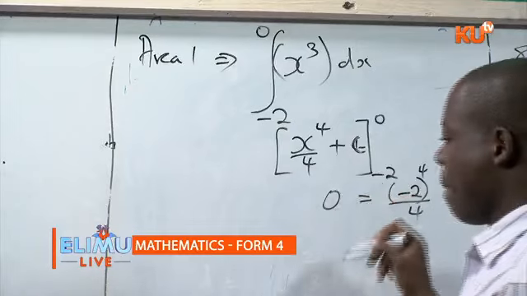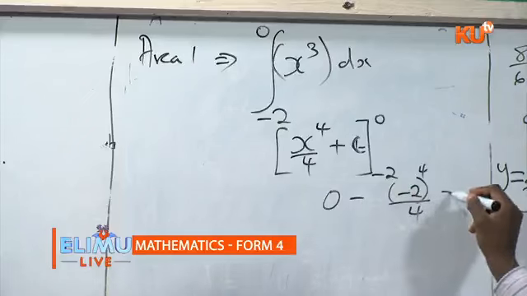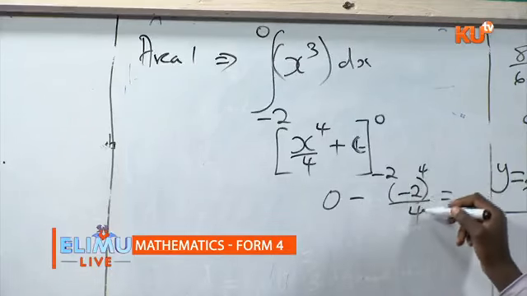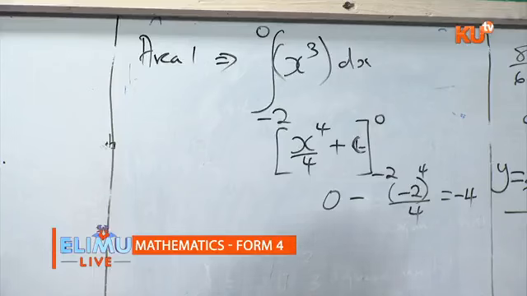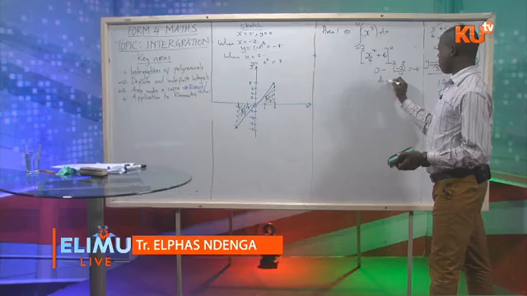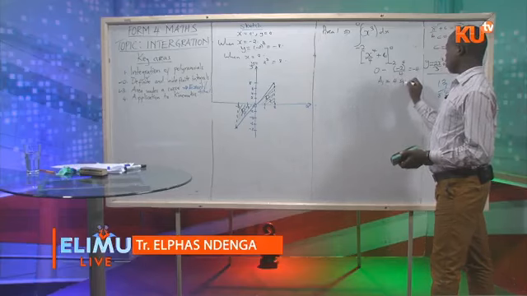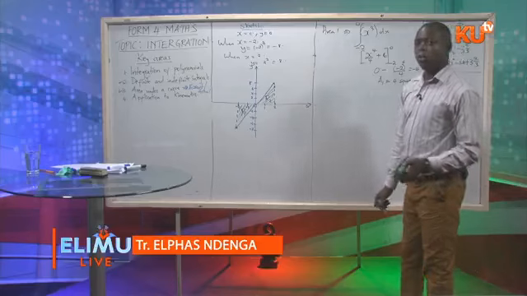So it is now 0 minus this. This is 16 over 4, which is 4, and the answer is negative 4. But we are saying we don't have negative area, so our area 1 becomes positive 4 square units.